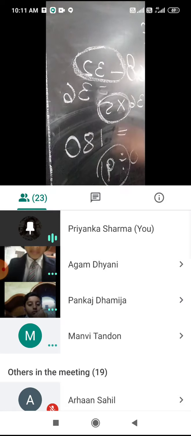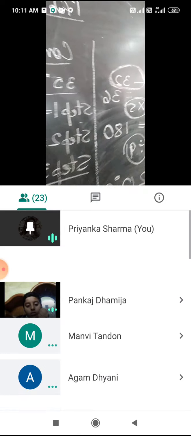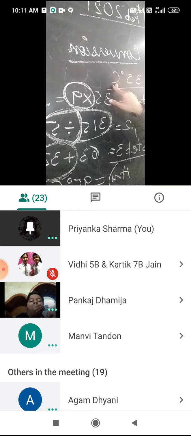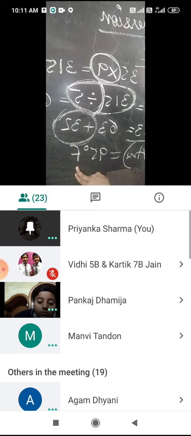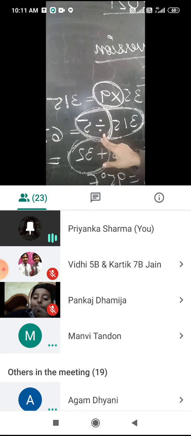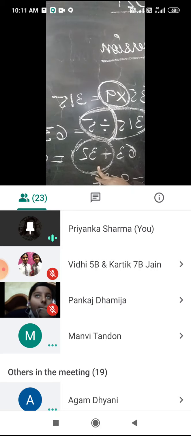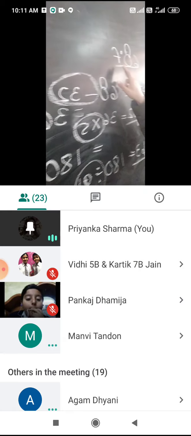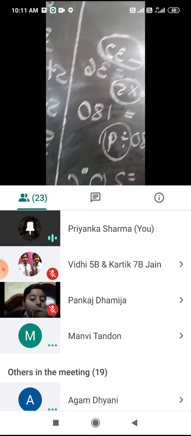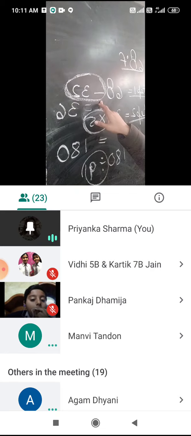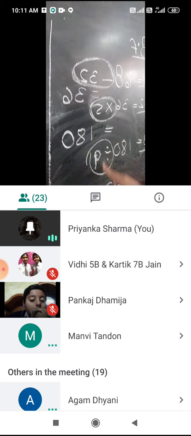So these steps you have to learn from Celsius to Fahrenheit: multiply by 9, divide by 5, add 32. And when you have to do the opposite, from Fahrenheit to Celsius, minus, then multiply, then divide.